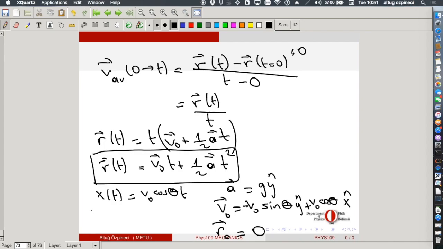The y component: well, let's see, the y component of the velocity is minus v0 sine theta, times t. The y component of acceleration is just g, so 1 over 2 g t squared.